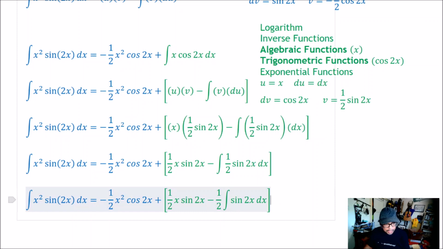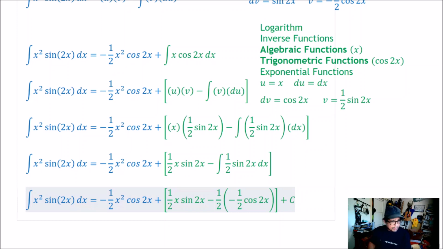And then the antiderivative of sine 2x is the same thing as 1/2 cosine of 2x. And since the antiderivative is a cofunction, I have to put a negative sign in there to preserve equality. And now that I'm done with all of my antiderivatives, I'm going to put a plus c.